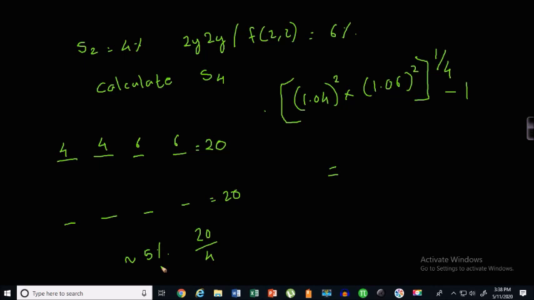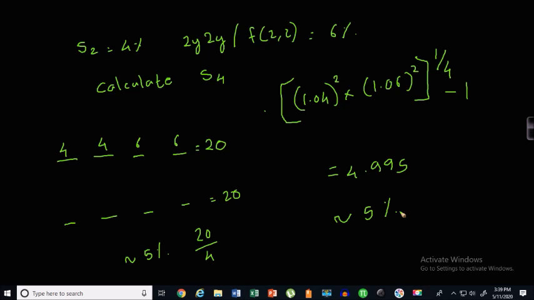Root x, root x. Now what you have on your screen, reduce 1 from that number. So now you will be having 0.04995. You multiply this with 100 and what you get is 4.995, which is very close to 5%.